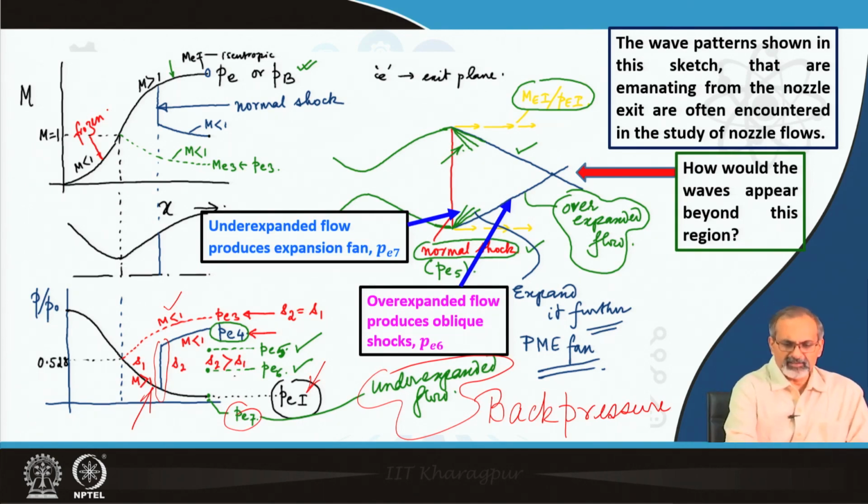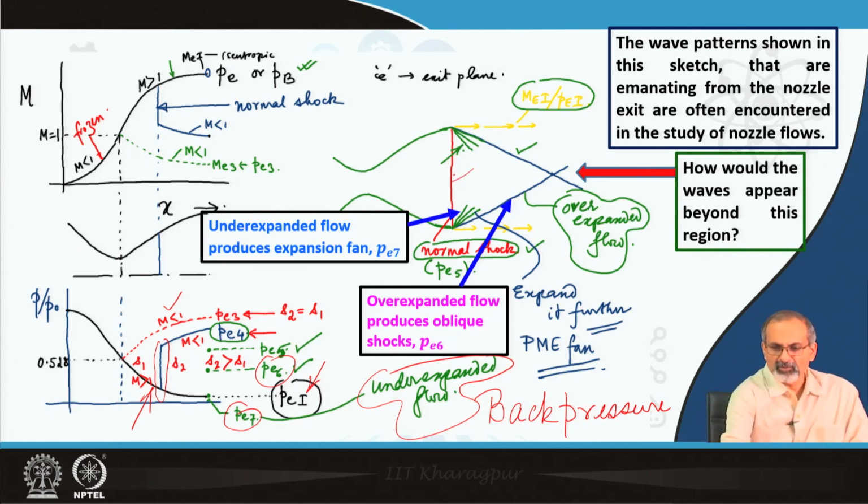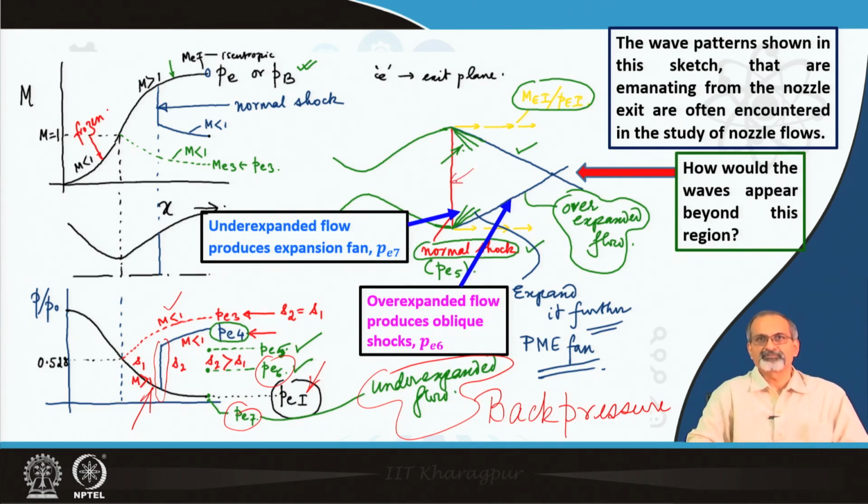And then there are other situations, like where you have a pressure like PE6 marked here, where it is an overexpanded flow which is producing oblique shocks at the exit. A PE5 pressure, on the other hand, will create a normal shock right at the exit of the nozzle.